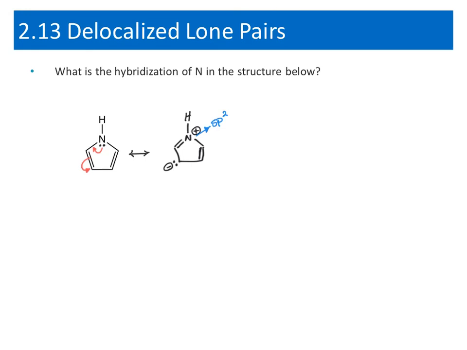Now, if you consider the structure of pyridine, okay, by looking at this structure, you may recognize a resonance pattern. You can see a lone pair allylic to this double bond.